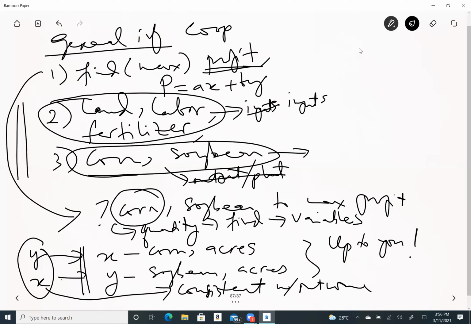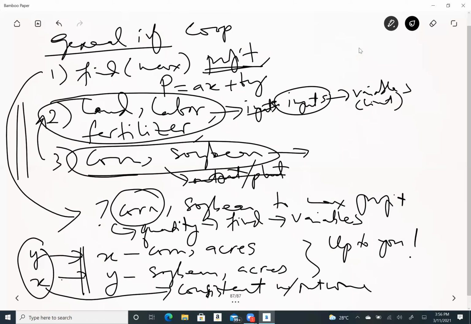If you look at the input variable, it's also a variable. But if you look at the question, they have variables with limits. They have a maximum value or minimum value. Everything is given in the table. Once we understand the basic information and look at the numbers, we can come up with the table to relate soybean, corn, and the land, fertilizer, etc. In this problem, the table is already given.